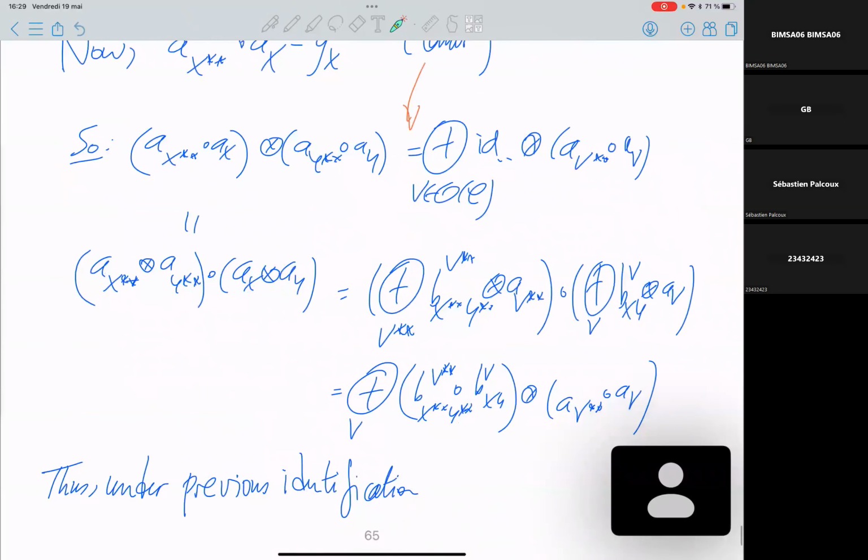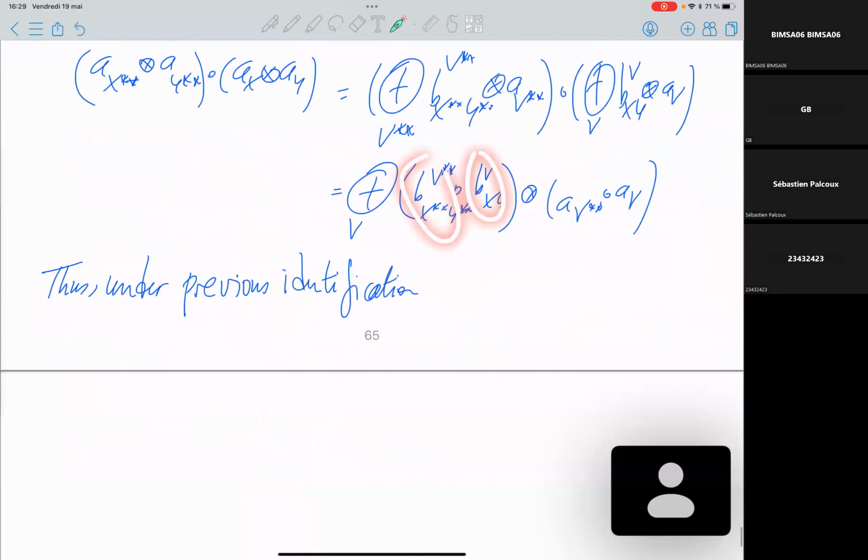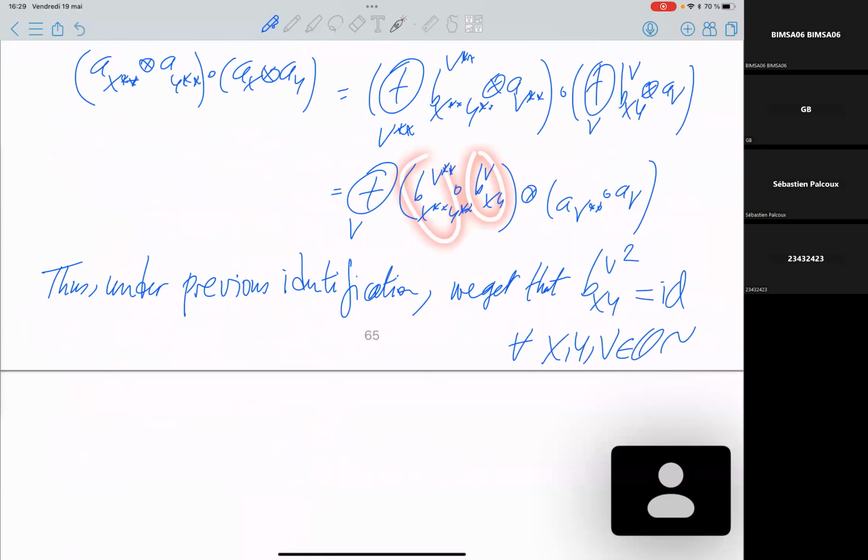So we identify this matrix with this matrix. So under previous identification, we get that B_{XYV} squared equals identity for all X, Y, V simple objects.